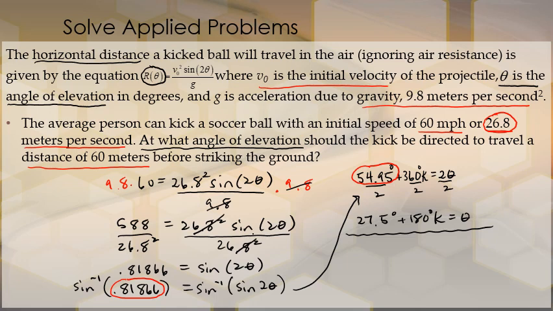So another possible answer for this problem would be taking 180 degrees and subtracting out 54.95 degrees. Oops, I already divided by 2. I'm getting ahead of myself. Now let me divide by 2. And if you put into your calculator 180 degrees minus 54.95 degrees, I think I got 62.5. Double check me on that.